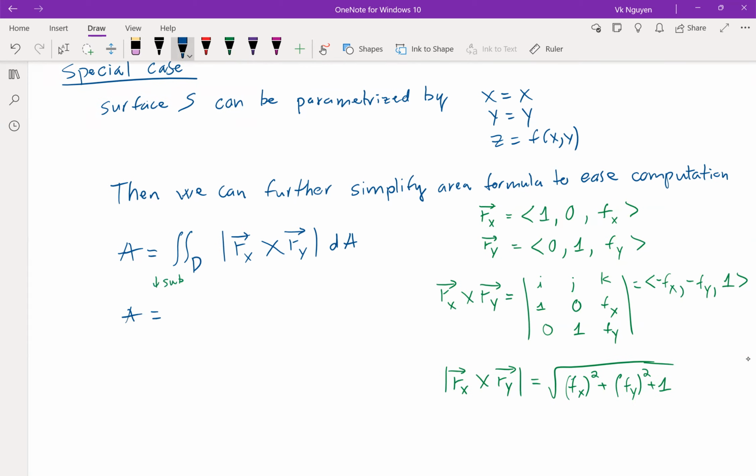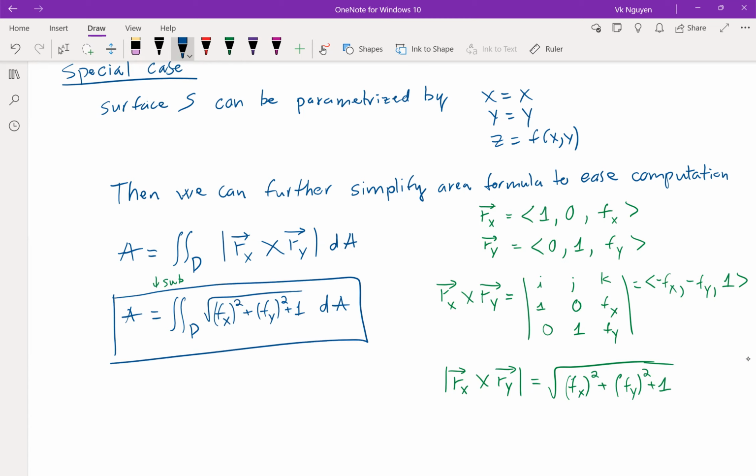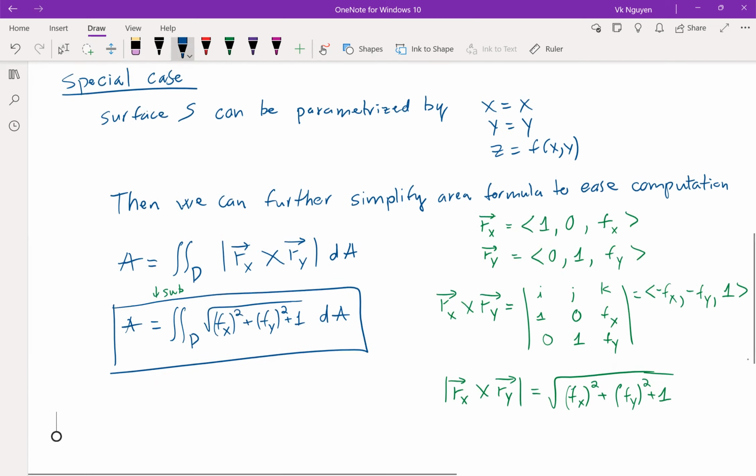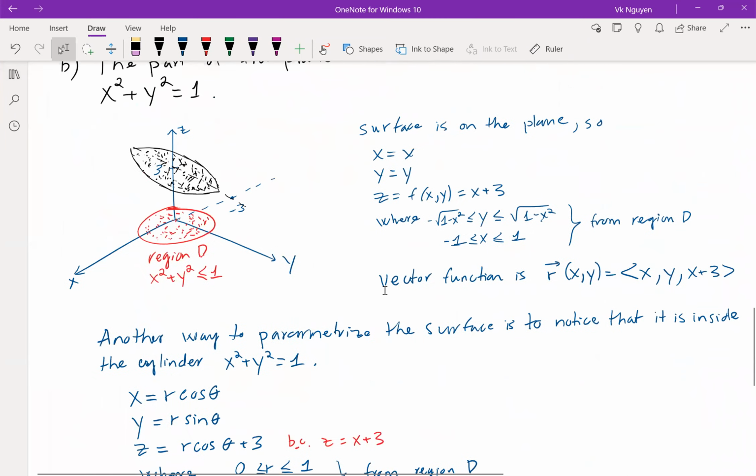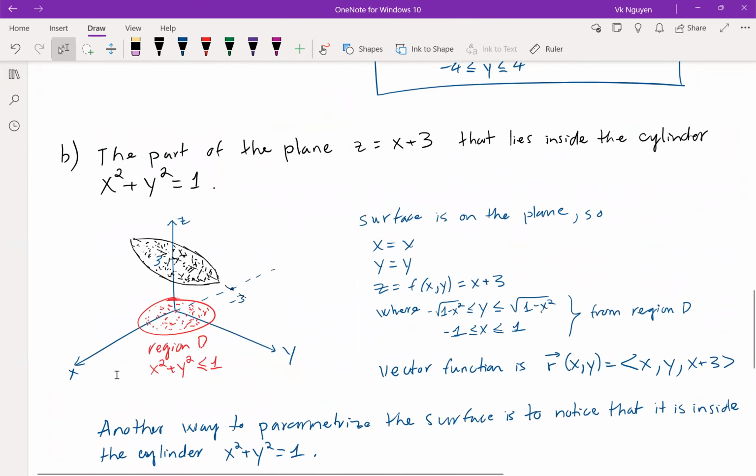Is equal to the double integral over the region D of root of f_x squared plus f_y squared plus 1 dA. Very useful formula. Remember last time we parameterized this, and now we want to figure out the area of this one. So I'm gonna just do copy and paste here and save my life.